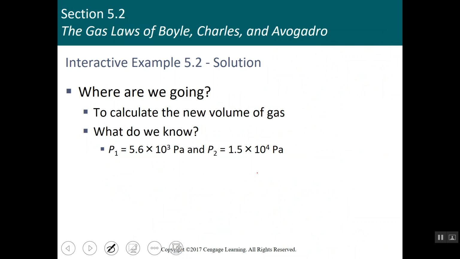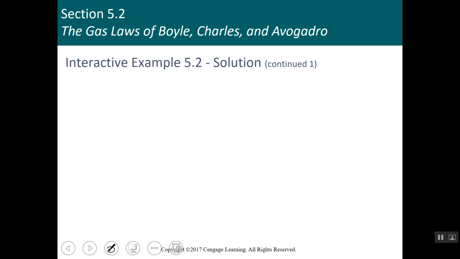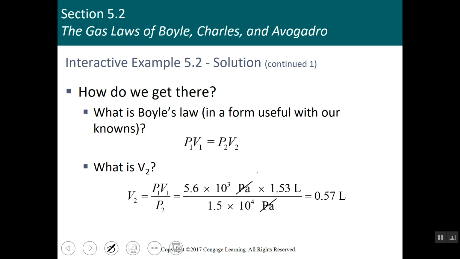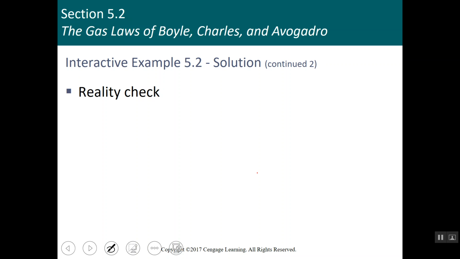So just running it through on the PowerPoint slides. So there's that useful form, and that's the form that you'll need to have memorized. Solve, and we got 0.57 liters. Does that make sense?